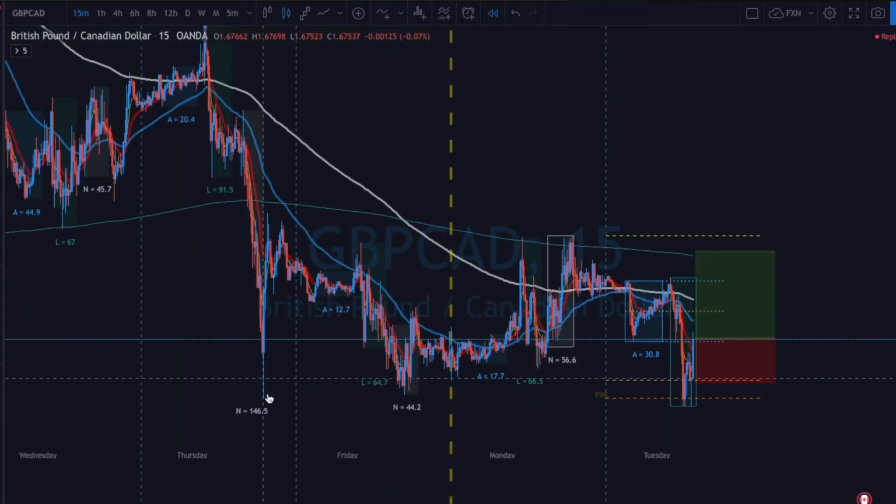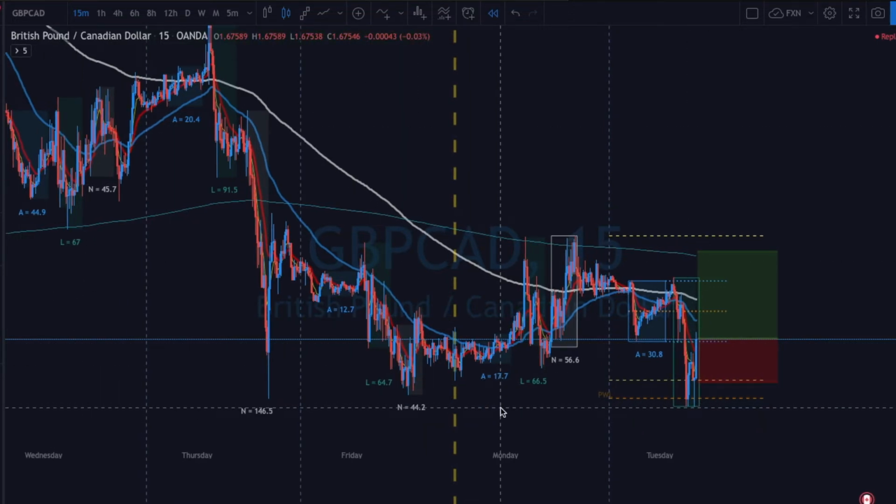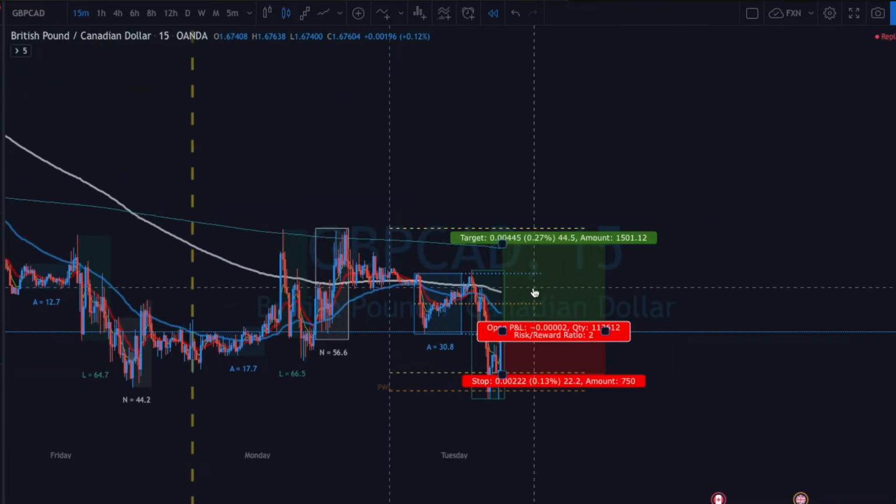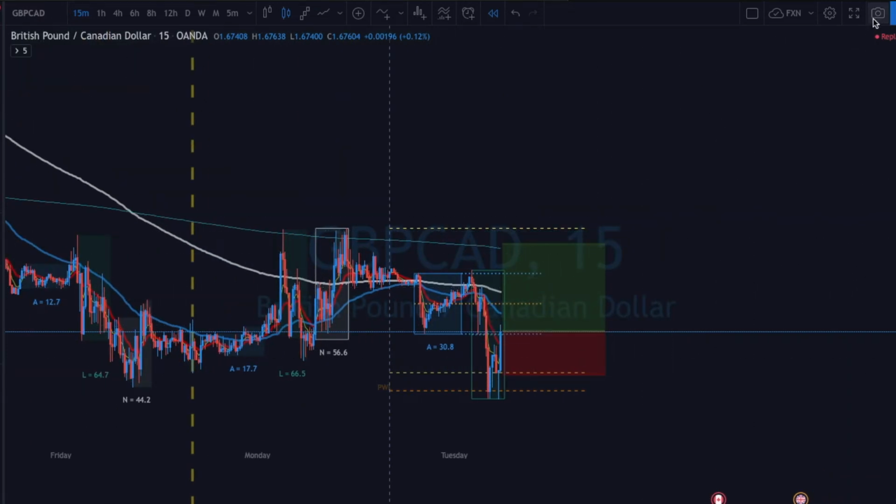Look, they tagged Thursday's low right here. They went right back to it. You're coming off of a trending cycle. You have a bunch of stuff in your favor. So how many things do you have in your favor that are good versus things that are not good? Let's say you want to take this trade, 2-to-1 risk reward ratio.